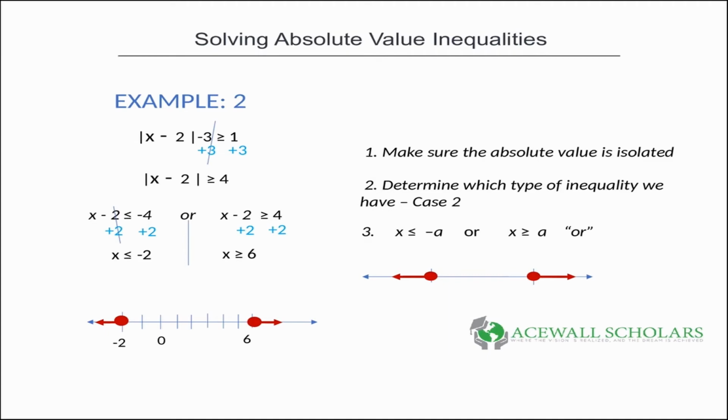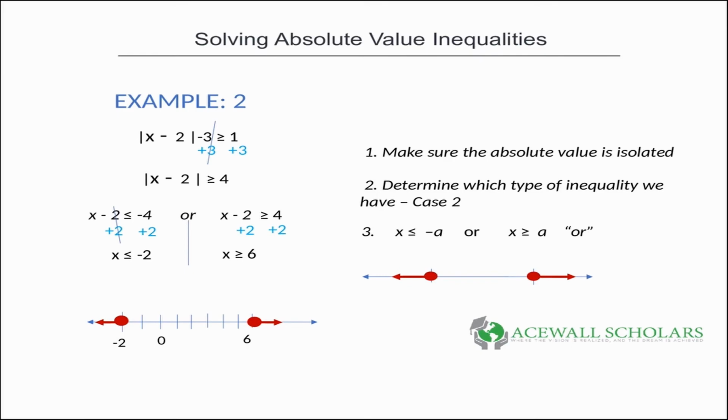All right, so let's solve both inequalities. We're going to add 2 on both sides. The 2's cancel out, and we're left with x is less than or equal to negative 2. Now let's look at our other inequality. We're going to add 2 on both sides, and we get x is greater than or equal to 6. And our graph can be seen below.